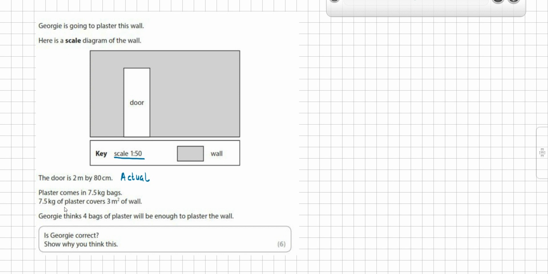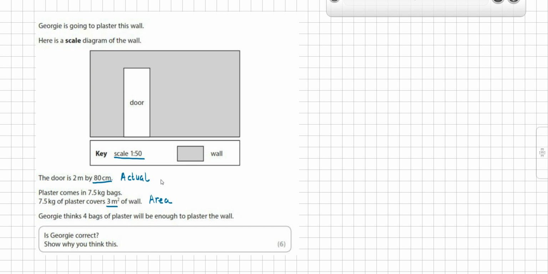When it's giving us the coverage of the wall it says 3 meters squared, so we're looking at area and it's in meters. So I'm going to change this to meters so that I'm working in 1 unit throughout for the actual wall.